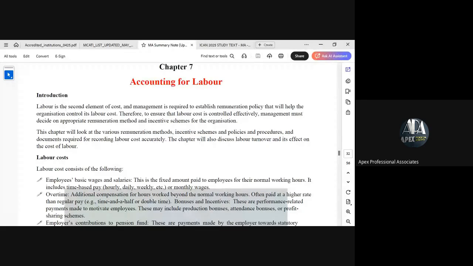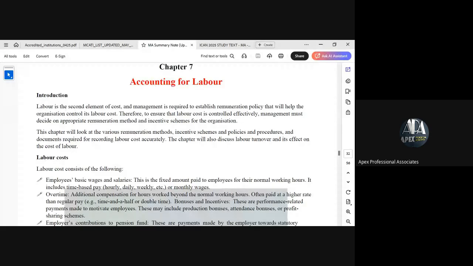All right, so labor consists of many things, and among them, what we calculate in labor cost is wages and salary, wages and salary over time, employers' contribution, employee welfare, and other fringe benefits. Those are the things that we calculate when we are saying what is the cost of this labor.